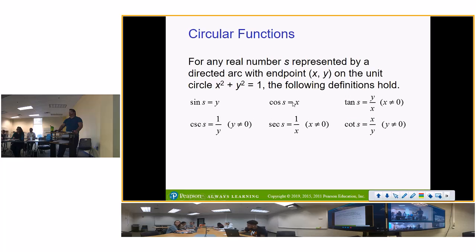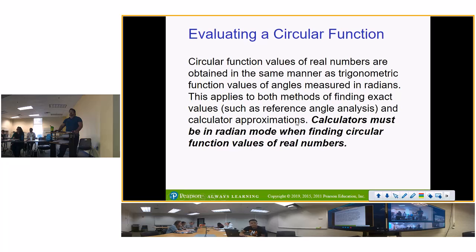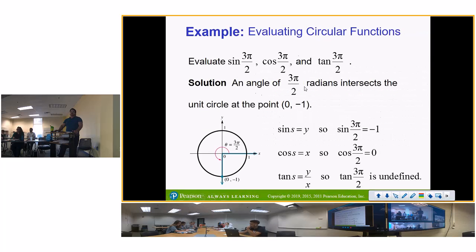And then, of course, we've already covered this. Don't forget, it must be in radian mode because you have to have pi over whatever, 2 pi over 6 or 3 pi over 6 or whatever the case may be.